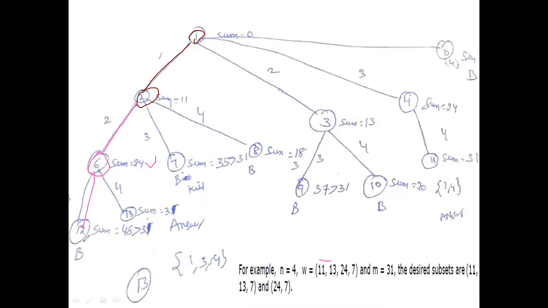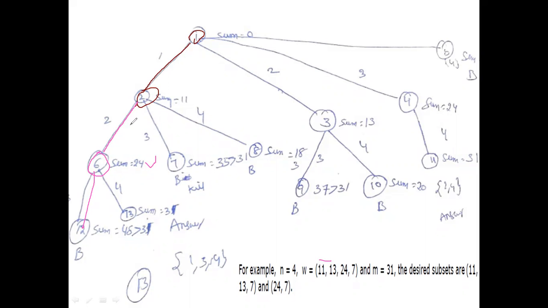So the 12th node is killed; it cannot generate any answer node because it cannot satisfy the criteria function. If the sum is greater than 31, the node is killed, and killed means the node cannot generate children.